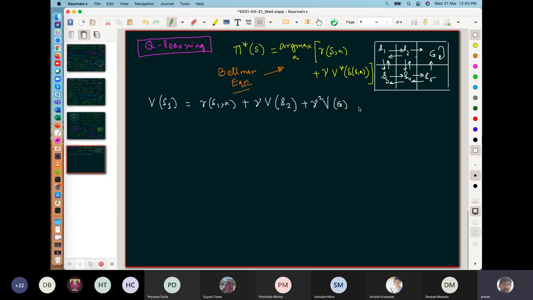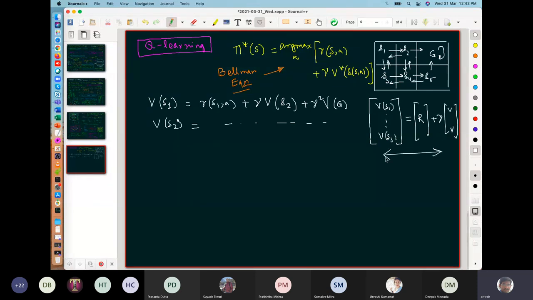This is one equation. Similarly for S2 you could have another equation. So if you write the value function matrix, V(S1) up to V(S5), it's a matrix of rewards plus gamma times the value function matrix again. You can see it as a linear equation solver, as we solved the value iteration.